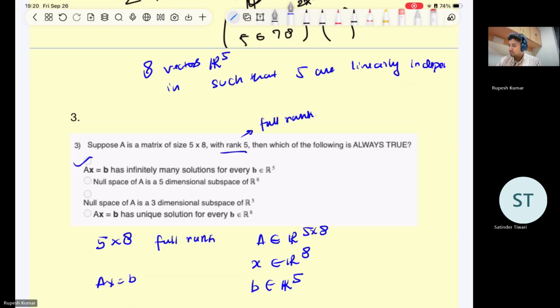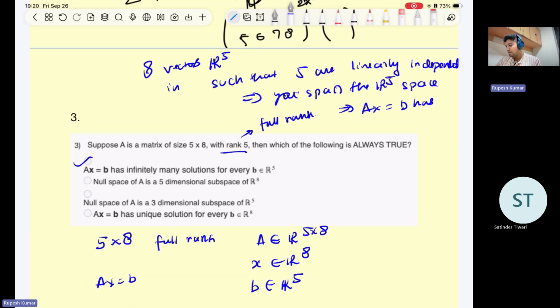By spanning combinations, we can span the R5 space. This means that Ax equals b has at least one solution. And since the set is linearly dependent, it has infinitely many solutions. The no-solution case never arises here. Fine.